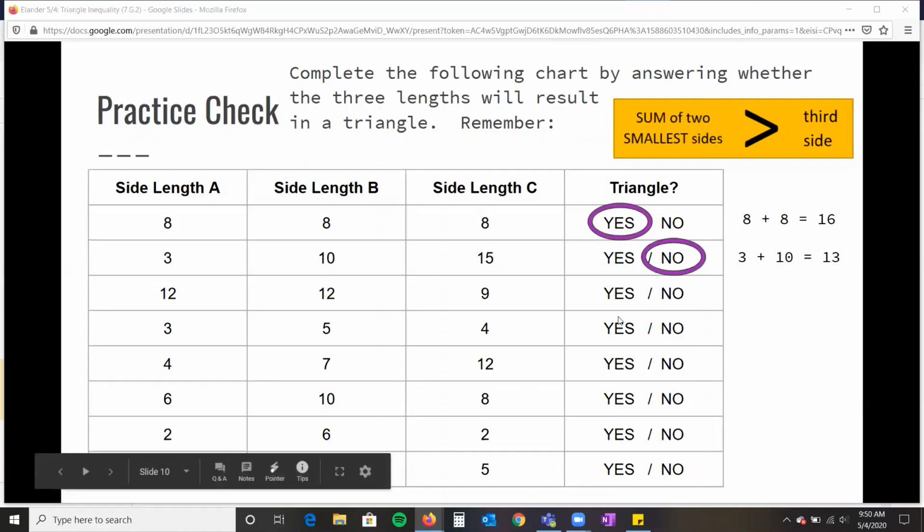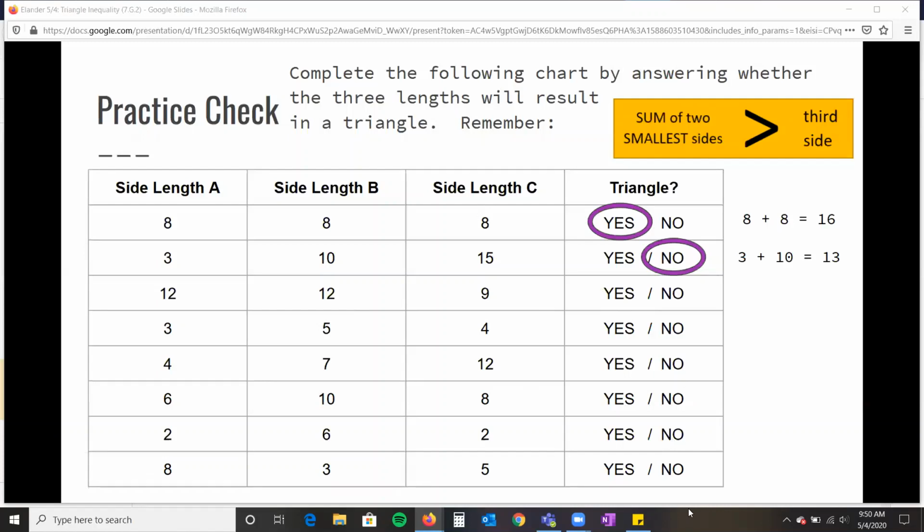All right, but real quick in the chat, tell me yes or no for number 3. Oh man, you guys are more shy today than you usually are. But just real quick in the chat, just a yes or no for number 3. 12, 12, and 9. Can that be made into a triangle, yes or no?